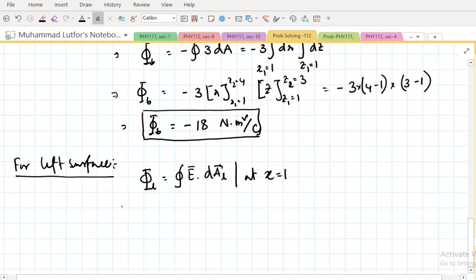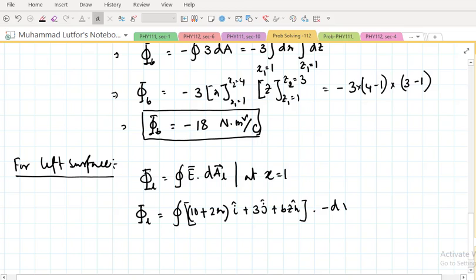Fine. Now so this is phi L, I'm going to put 10 plus twice x into i hat plus thrice j hat plus b z k hat, right, into minus dA, because for the left surface it is towards the negative x direction at x equal to 1.